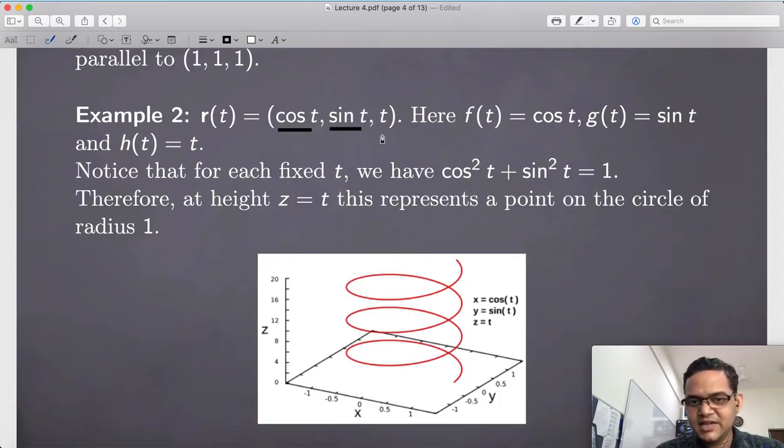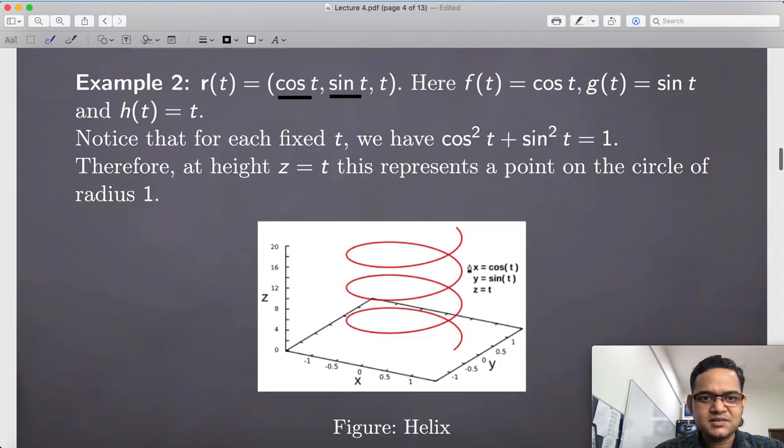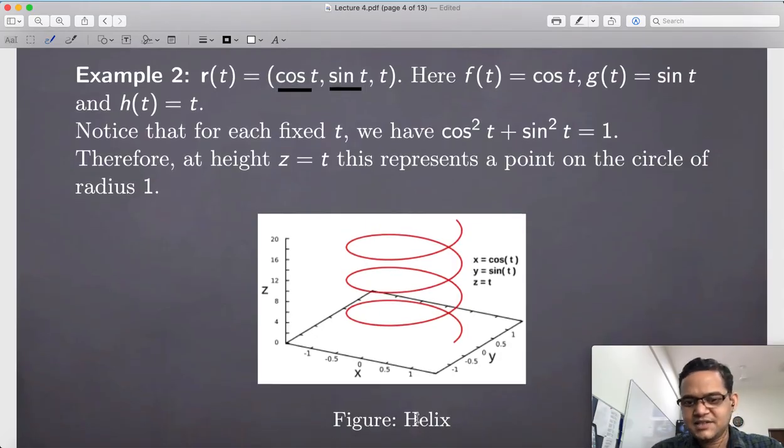For any t you take, the first two, cosine and sine, their squares sum up to 1. So t gives you the height, and the first two coordinates tell you that at that height t, the point (x, y) lies on the circle, isn't it? So this is how it is going to go. This is like a coil or a spring, whatever you may call it, and in this language it is called a helix.